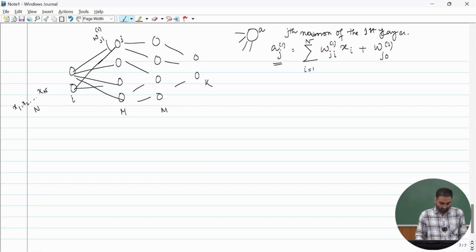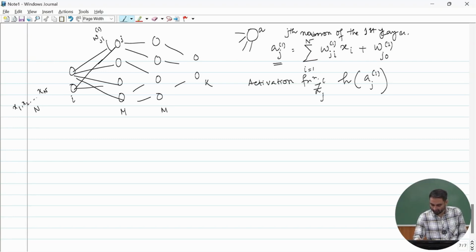After the aggregation, it will be passed through an activation function, denoted by, let's say, H. So H of AJ1 is the output of the activation function, and let us denote it by Z of J1, right?